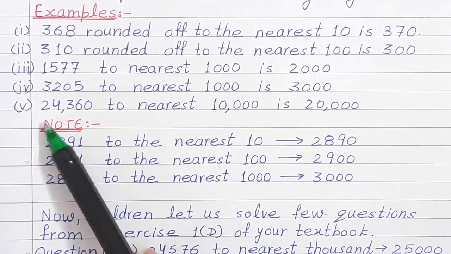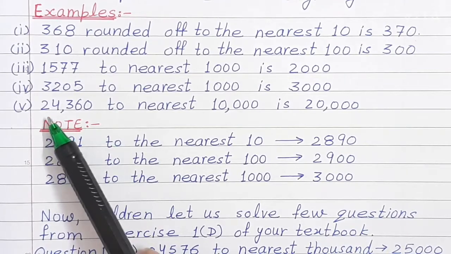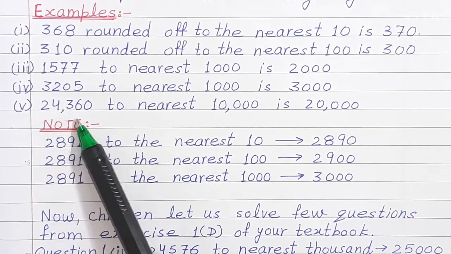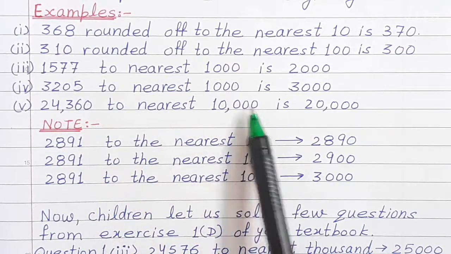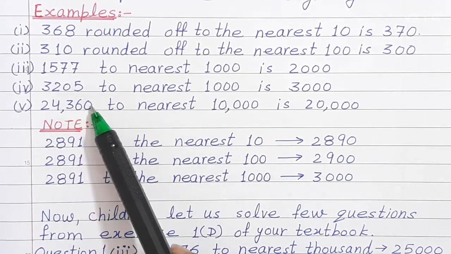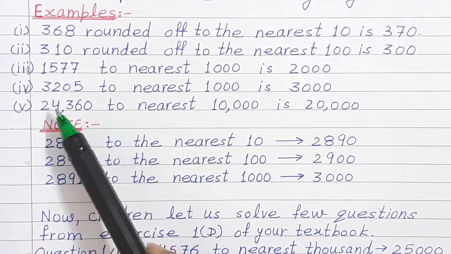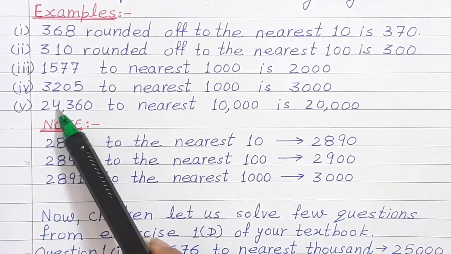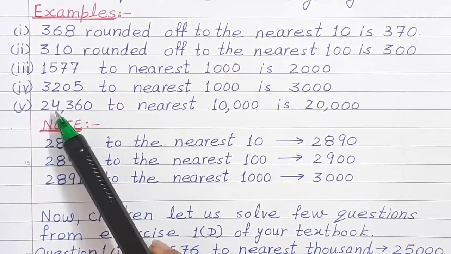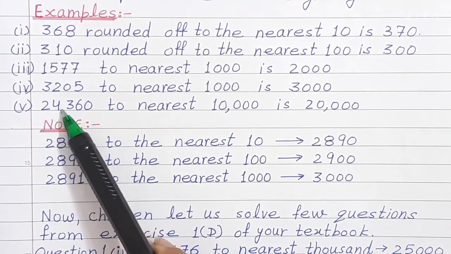Now, the next is 24,360 to the nearest 10,000. Now, this is ones, tens, 100, 1,000, 10,000. Now, the digit at 1,000 place is 4, which is less than 5.